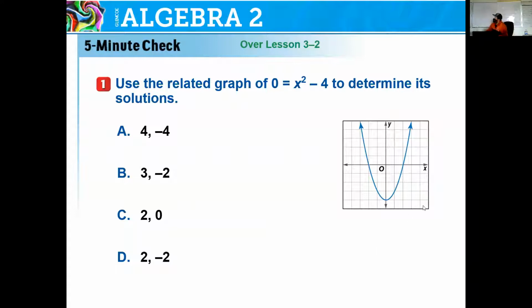So origin's right here. If I go 2 units to the left, I have a cross, so -2 is one. If I go 2 units to the right from the origin, I get 2, so 2 and -2 are our roots or zeros. Everybody good? All right.